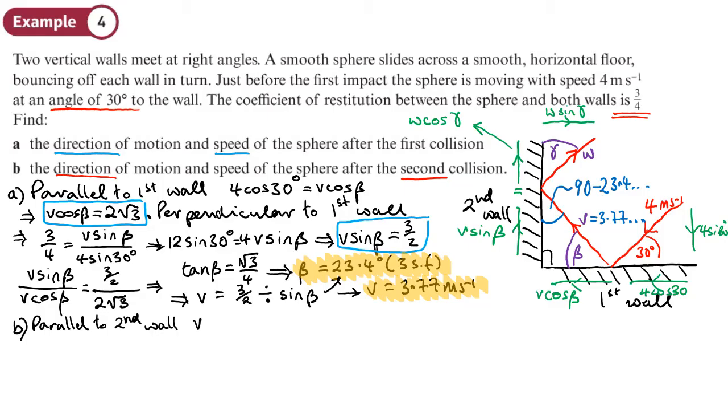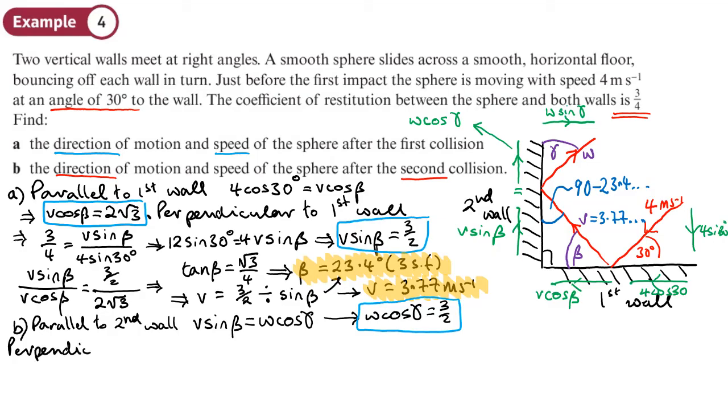So V sine beta equals W cos gamma, and we know from the previous bit that V sine beta equals 3/2, so that means that W cos gamma equals 3/2. So there's our first equation. Just like before, we're now going to be looking at perpendicular to the second wall.